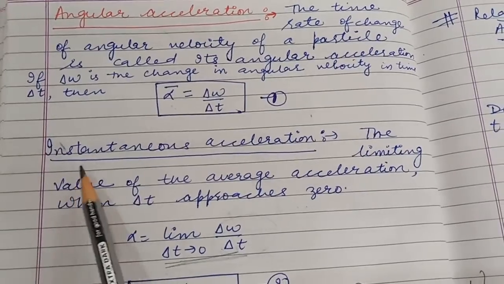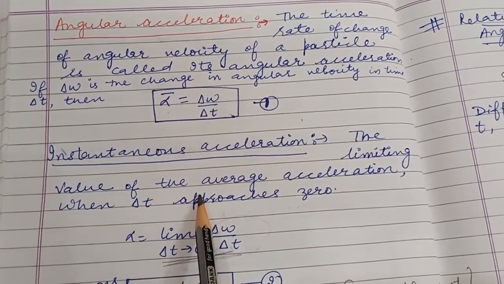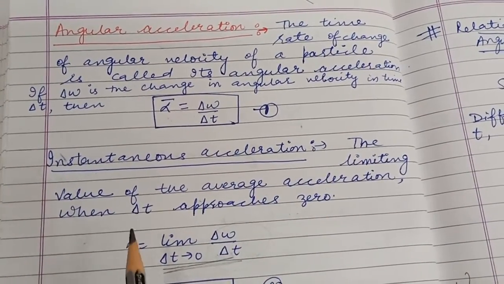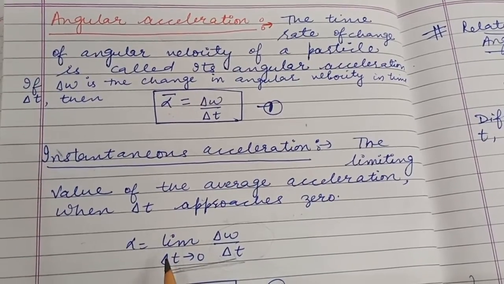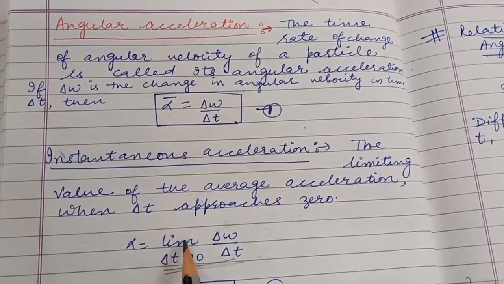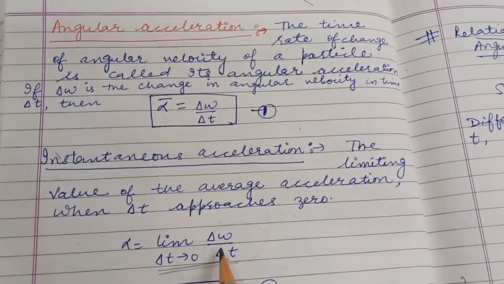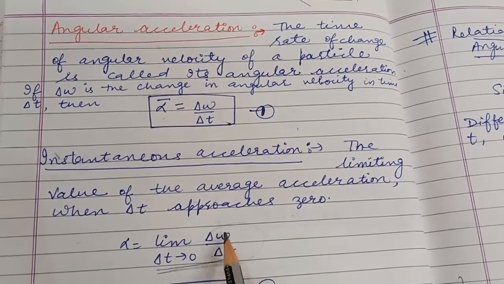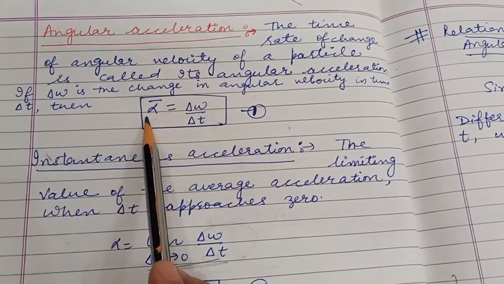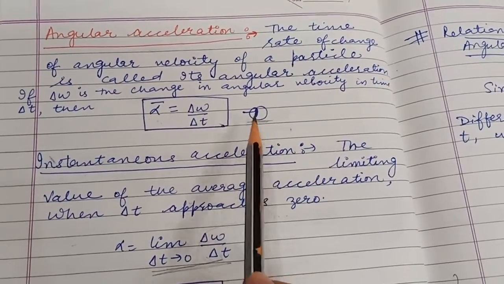Next is instantaneous acceleration. The limiting value of average acceleration when delta t approaches 0. So here alpha is equal to limit delta t approaches 0 of delta omega upon delta t. Here delta omega upon delta t represents the average angular acceleration as from equation number 1.